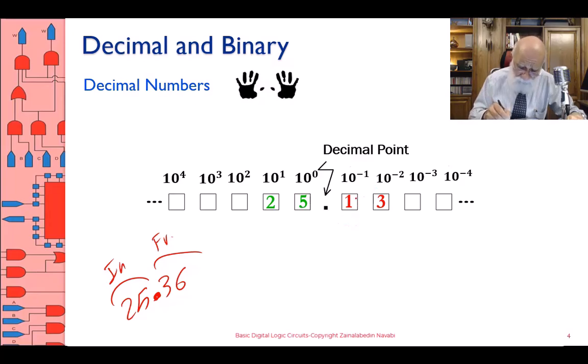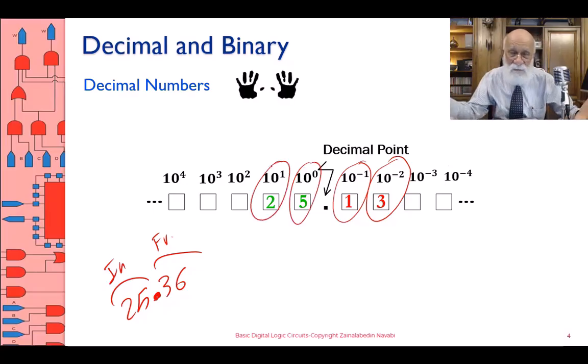You multiply the digit by the corresponding weight, and that becomes the value. Nothing surprising, if you multiply and add them, you will come up with 25.13.